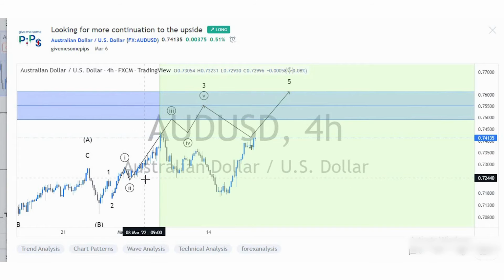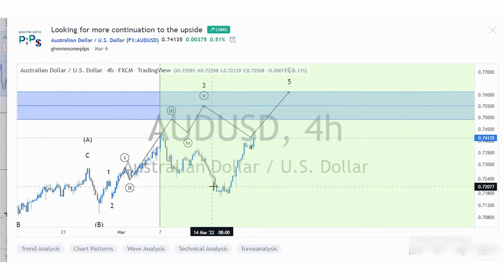And again, this goes back to proving the point that I've already spoken about: when you're entering your trades, it doesn't just matter about the direction, but you also have to look at where exactly you should enter.